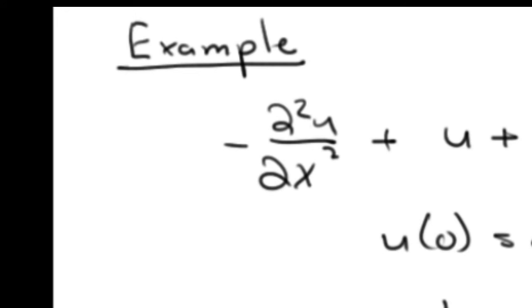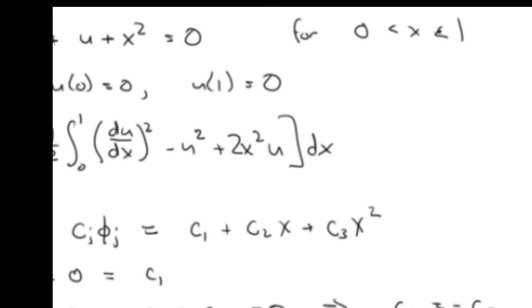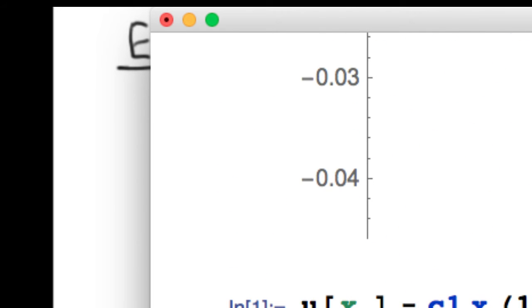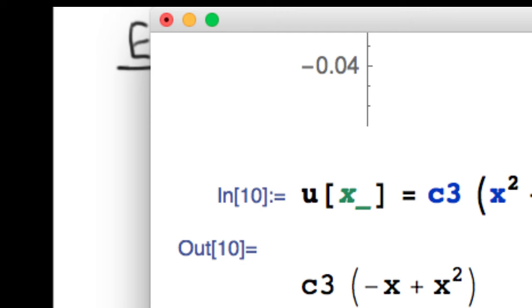All right, so using that approximation, let's look at this again, okay? I'm just going to copy everything down here and put in C3 times (x squared minus x). So then when I compute the integral, I just have a function of C3 now, right?